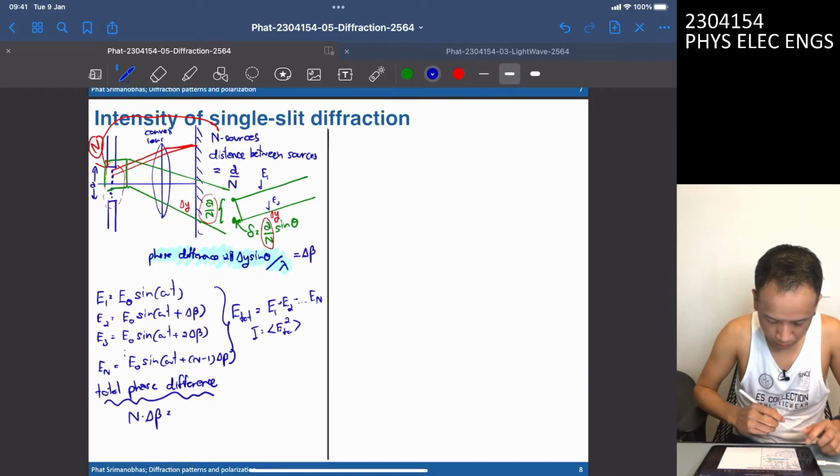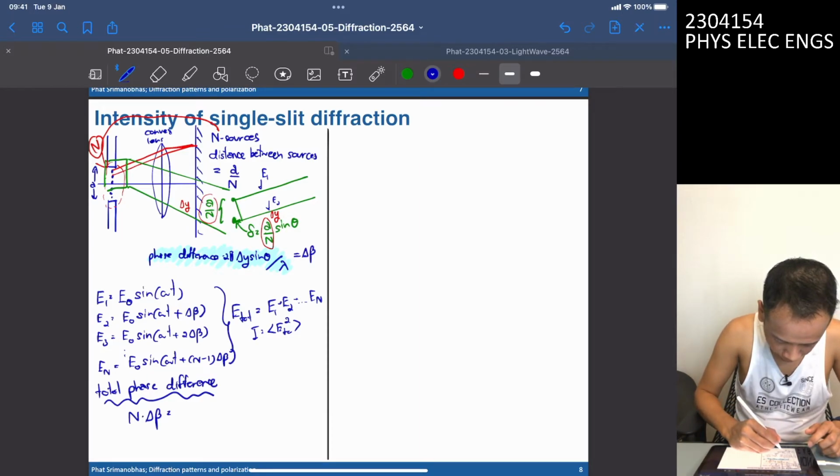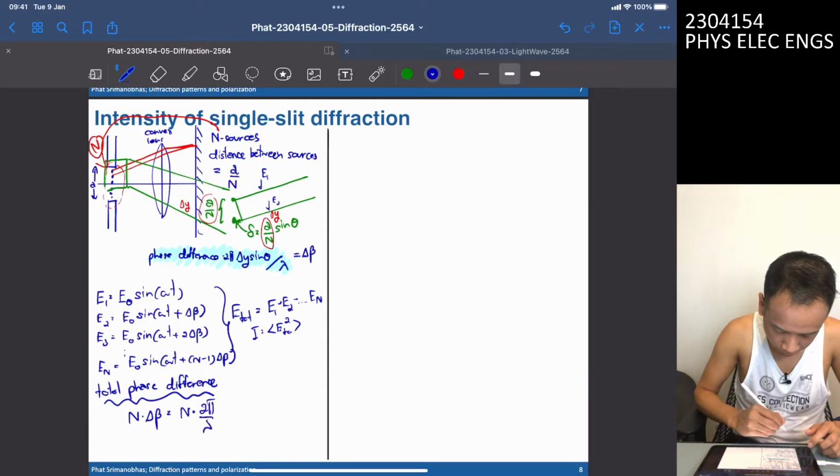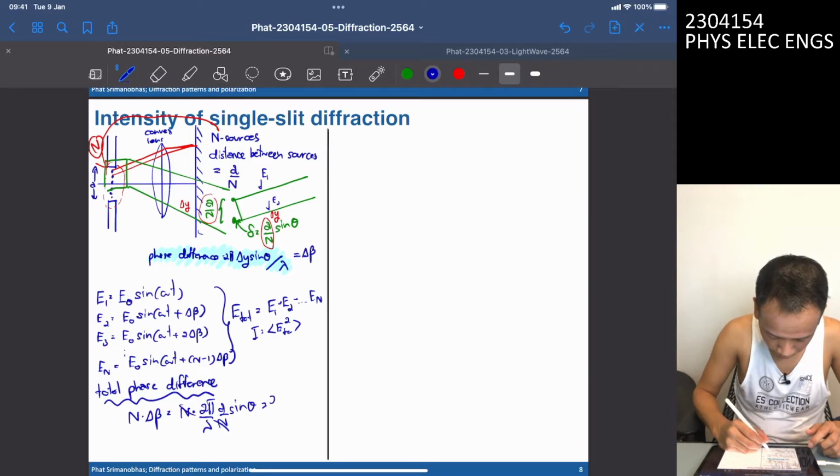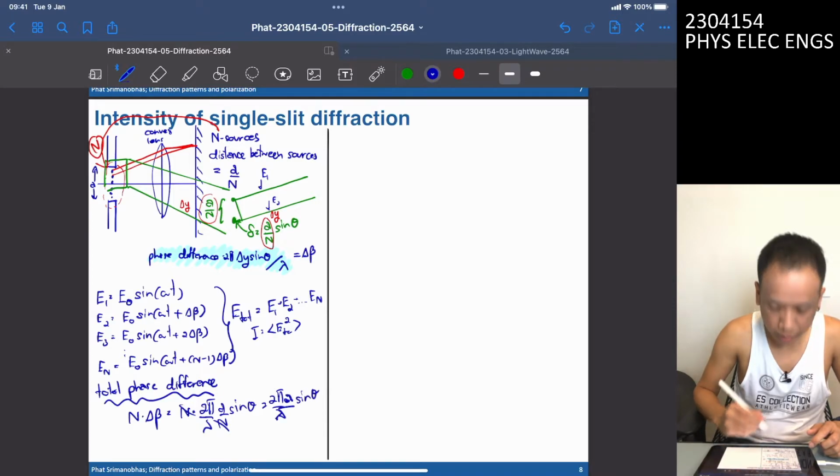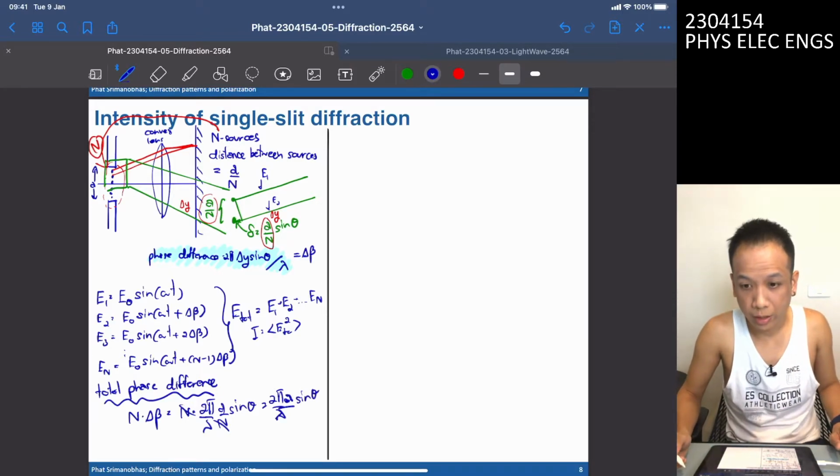So you get n, and then 2 pi over lambda. Delta y becomes a over n sine theta, so n cancels. So you get 2 pi a over lambda sine theta.